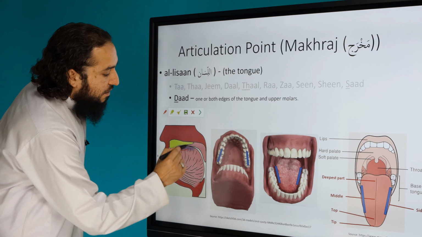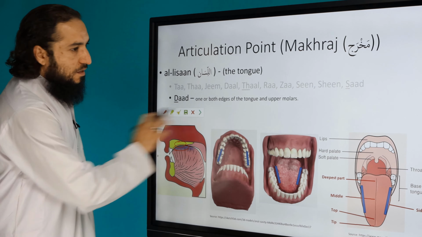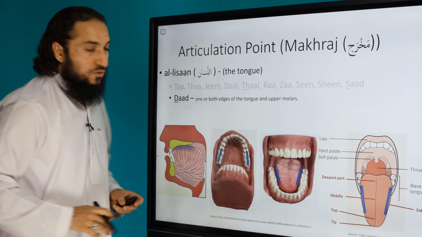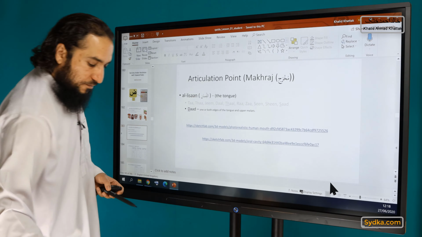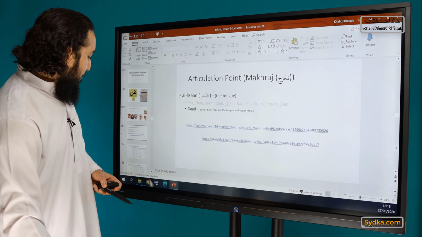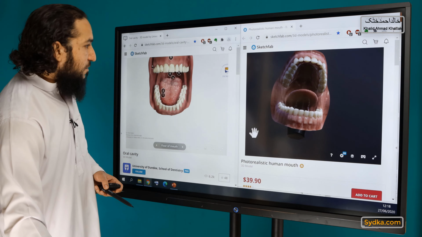Similarly here, this diagram and the teeth here. Let me explain. Let me go to the 3D model and explain it there.